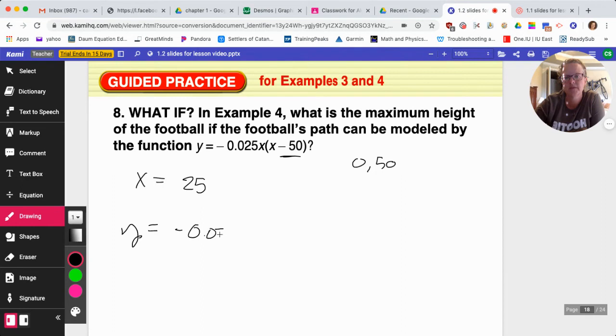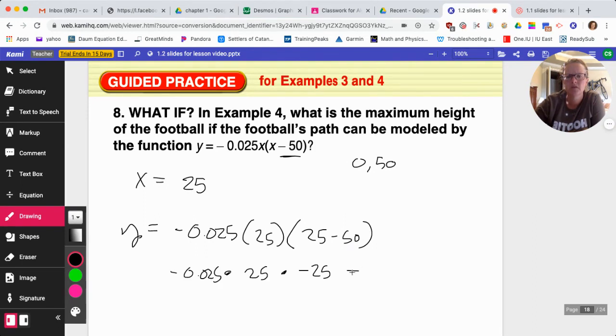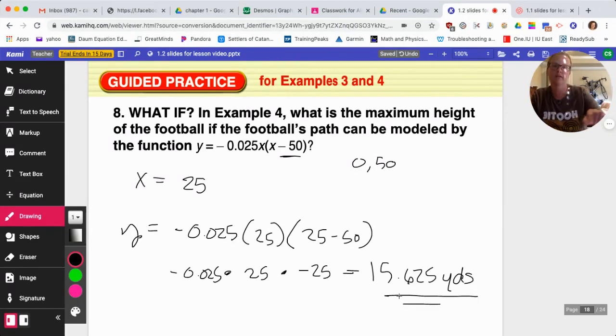Negative 0.025 times 25 times negative 25. I actually did not bring my calculator into my room, so I'm going to look it up. Yep, I got 15.625 yards because that's the y value of the vertex.